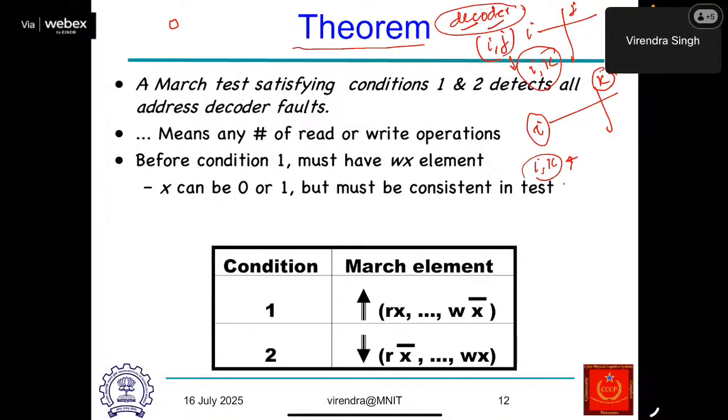So what can happen? In place of ij, it can point to ik. In place of ij, perhaps it may not point to anyone, which means it may not write anywhere. If it doesn't write anywhere, it won't read anything either, and therefore something can be detected. Or one cell can be coupled, given two addresses, ij or ik.